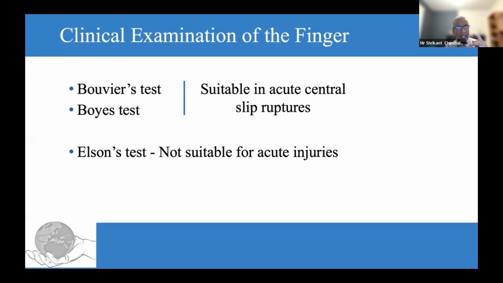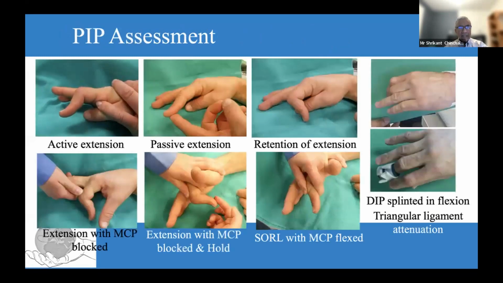But by pressing the PIP joint or middle phalanx in flexion and asking a person to extend the DIP joint, it may result in a rupture which had not occurred before, but now occurs as a result of testing.